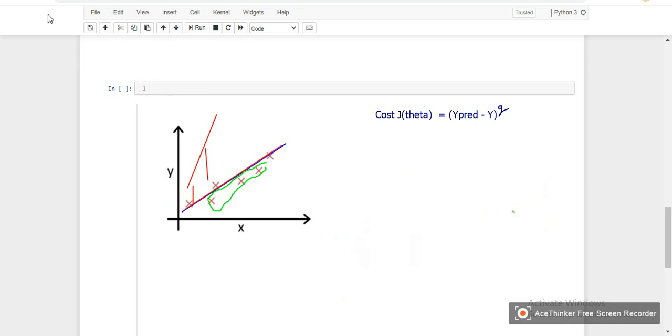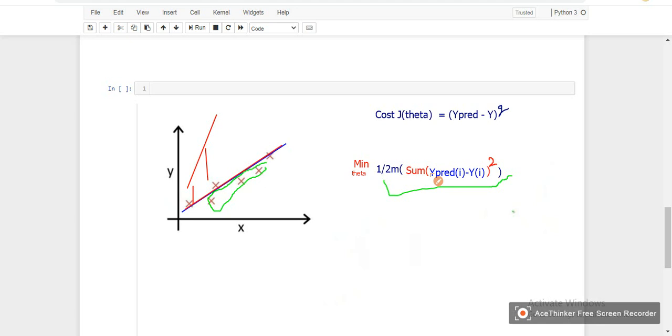So that is the main motto of this learning algorithm. The main objective of an algorithm is to minimize this cost. So the algorithm must minimize this cost function. This is the cost function.